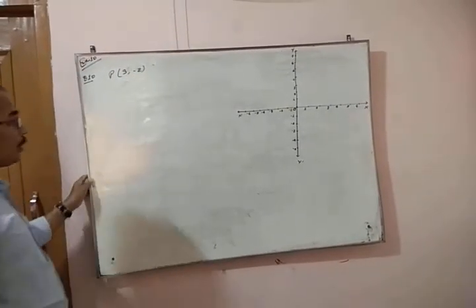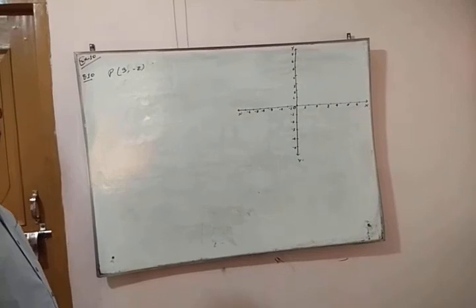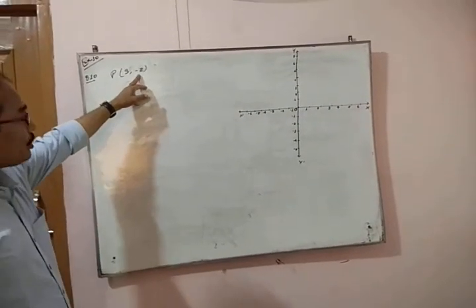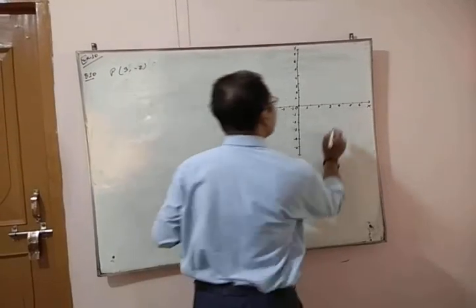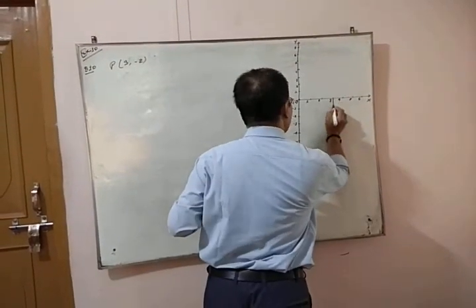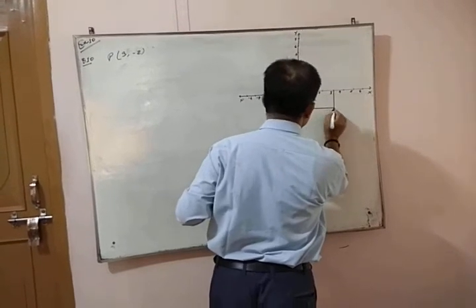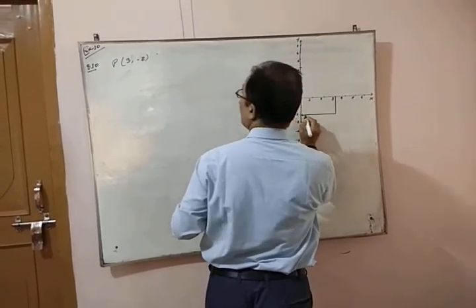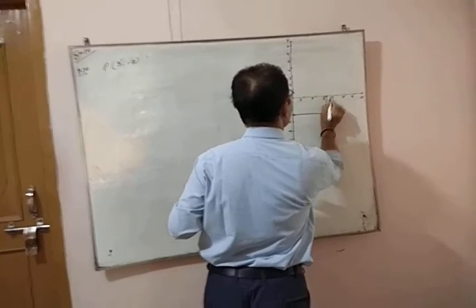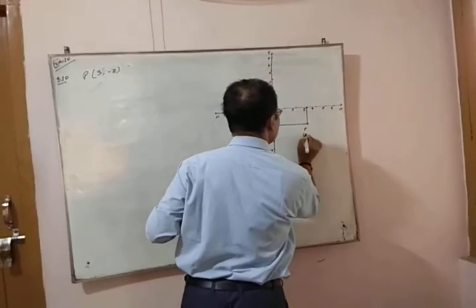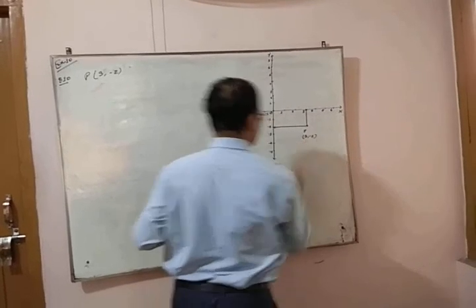First of all, you locate the point. The x coordinate is 3 and the y coordinate is minus 2. So this is the point. This is your point P, whose coordinates are 3, minus 2.